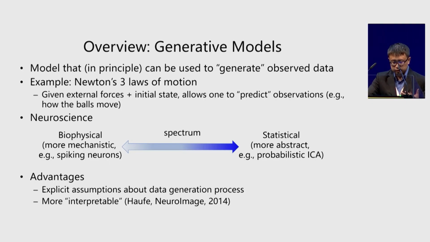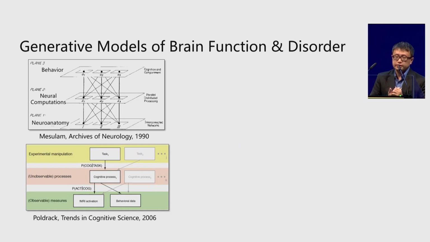Just to give you examples of generative models, there's been a lot of work that tries to conceptualize hierarchical relationships among behavior, neurocomputation, and neuroanatomy, or task, cognitive processes, and brain activation.